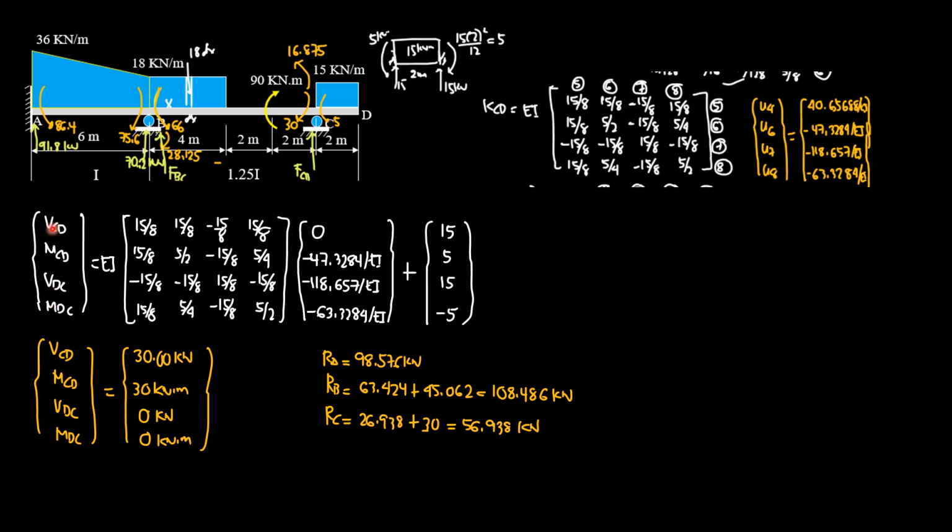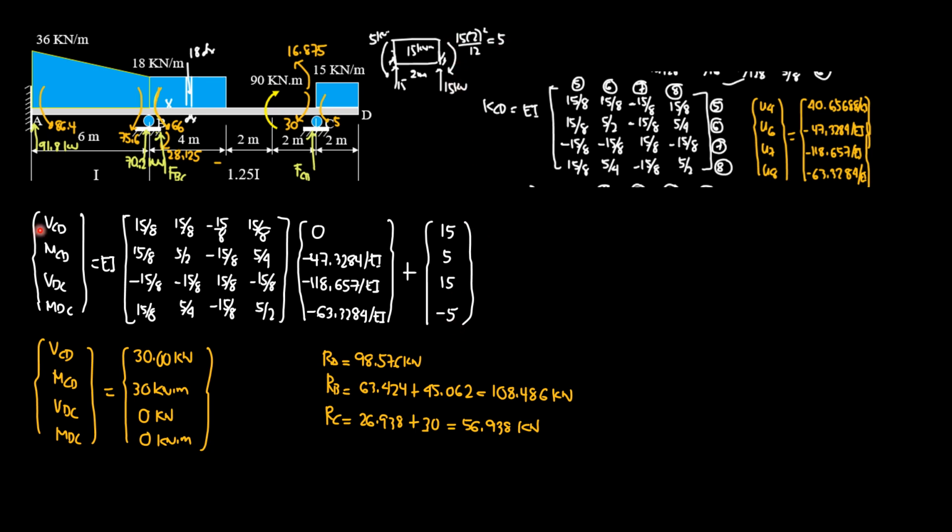So shear CD, moment CD, shear DC, moment DC, stiffness of member CD, then displacements delta C 0, theta C, delta D, and theta D. Then fixed force 15, positive 15 left, positive 5 counterclockwise moment, positive 15, then negative 5.